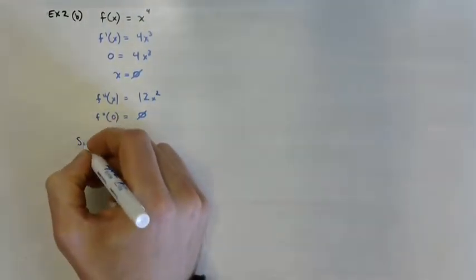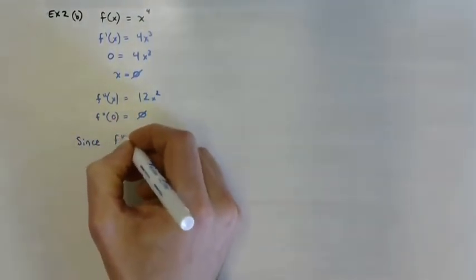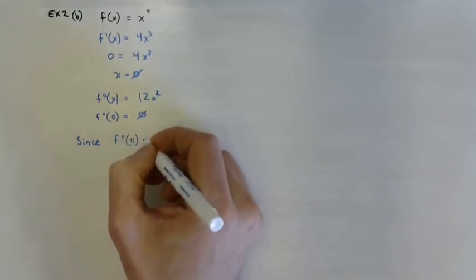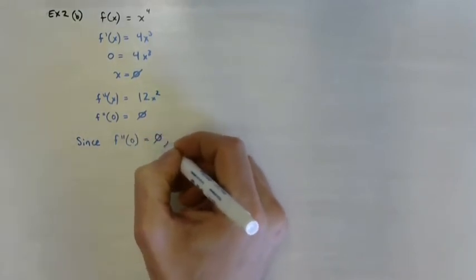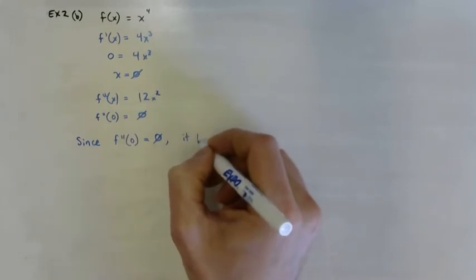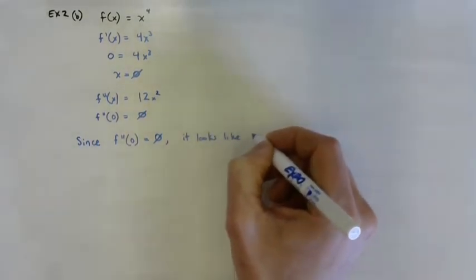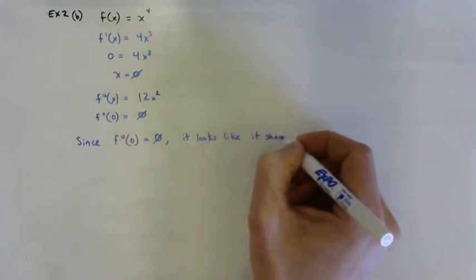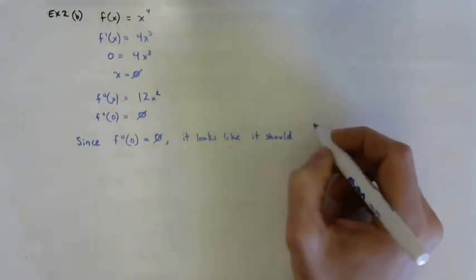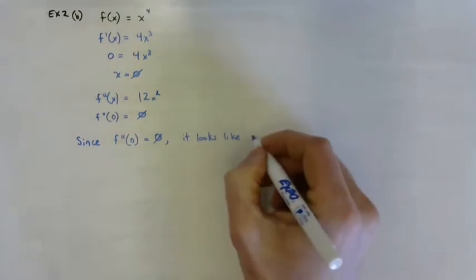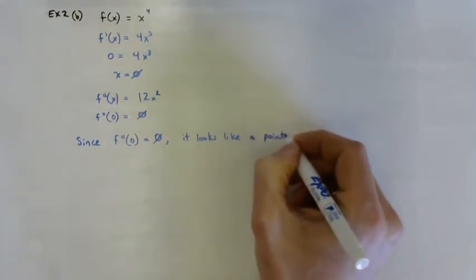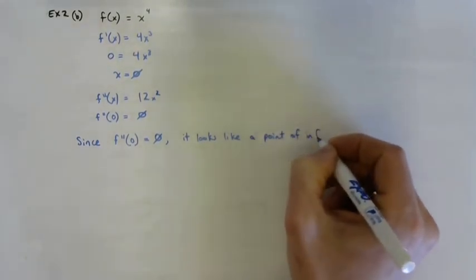Since f double prime of 0 equals 0, it looks like a point of inflection.